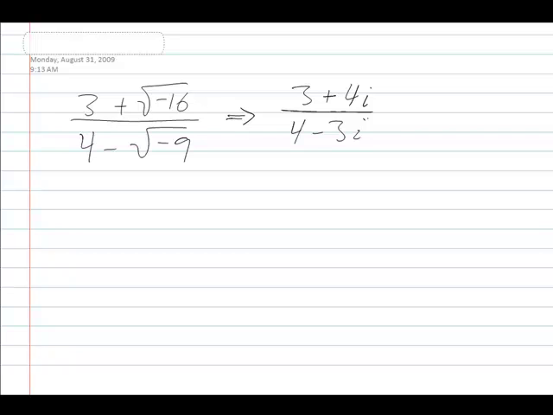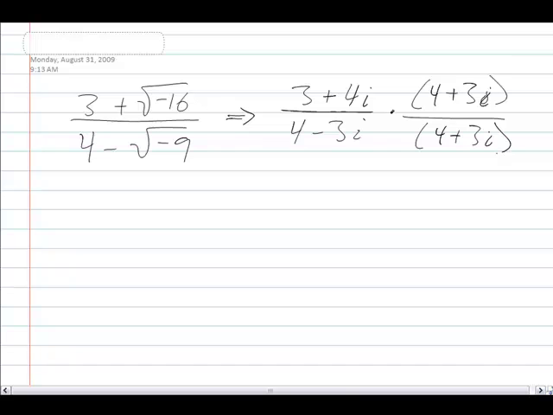Now when we have our final answer, we don't want to have any i's in the denominator. Very similar to how we don't want a radical left in the denominator. Now we multiply the top and the bottom by the conjugate of the denominator. Since it's 4 minus 3i, the conjugate would be 4 plus 3i. And since we're multiplying the top and the bottom by the same thing, it's like multiplying by 1, which does not change the equality of our problem.